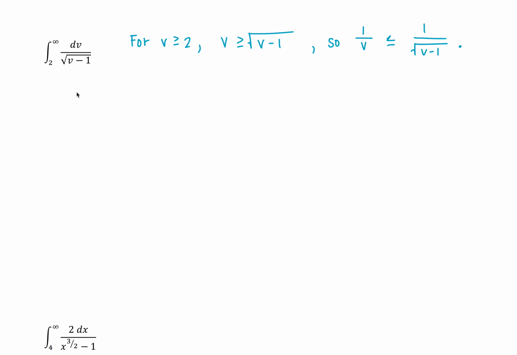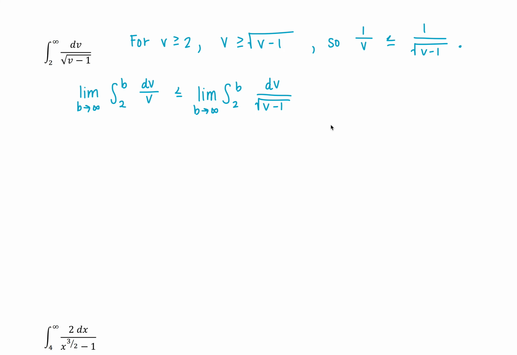So what I would have is that the limit as b goes to infinity of the integral from 2 to b of dv over v is going to be less than or equal to the limit as b goes to infinity, the integral from 2 to b, dv over the square root of v minus 1.